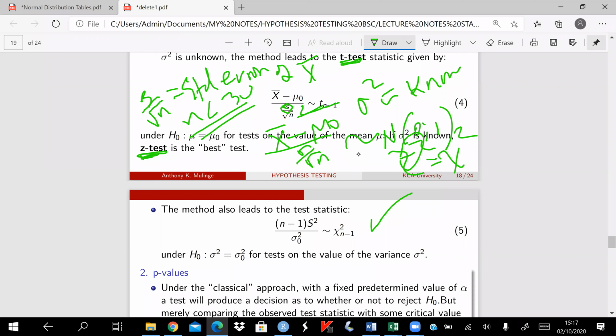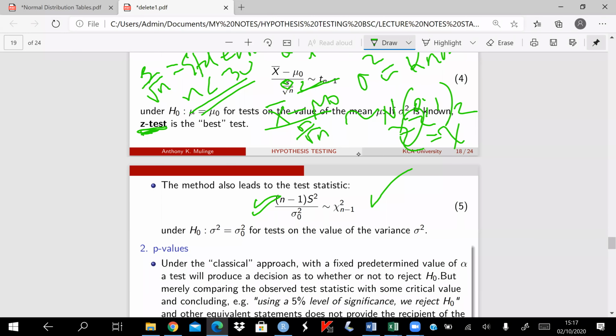So when normality is assumed, you can also get this test as your best test, which follows a chi-square distribution with n minus 1 degrees of freedom. And this test will be used to test equality of variance, or hypotheses revolving around variances.